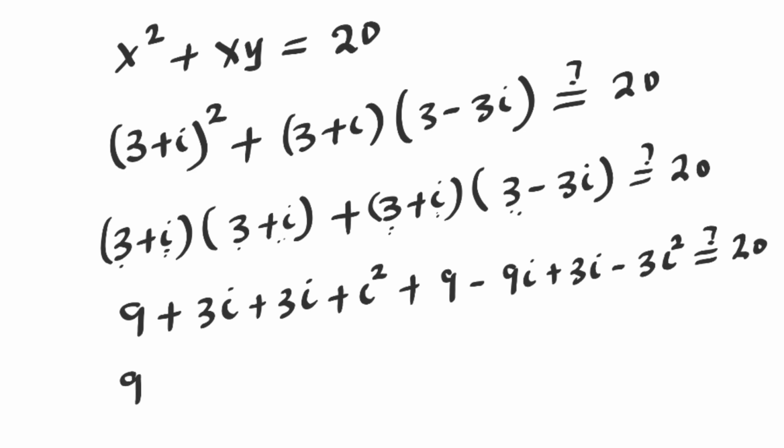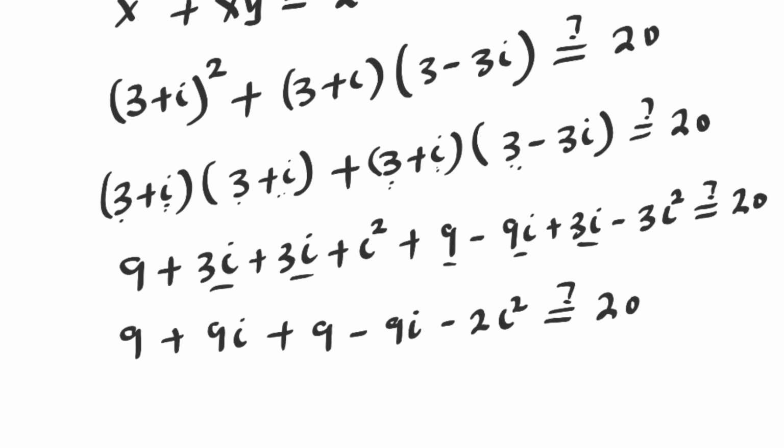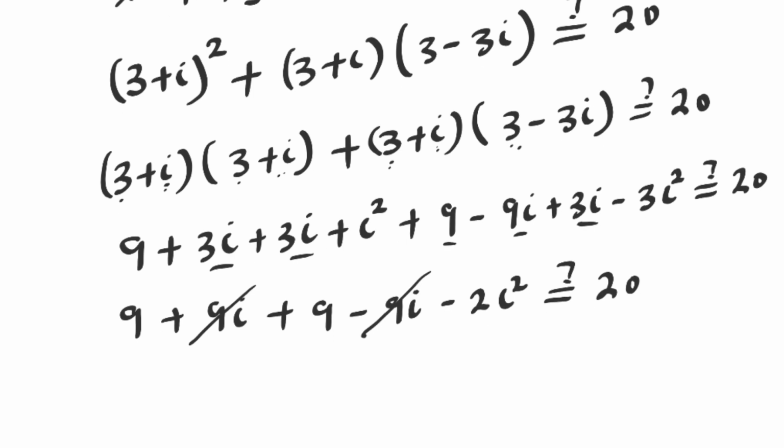Here we have 9. 3i plus 3i, that is 6i, plus this 3i, making plus 9i, then plus this 9 minus this 9i, then i squared minus 3i squared. This will give minus 2i squared must be equal to 20. This cancels this.